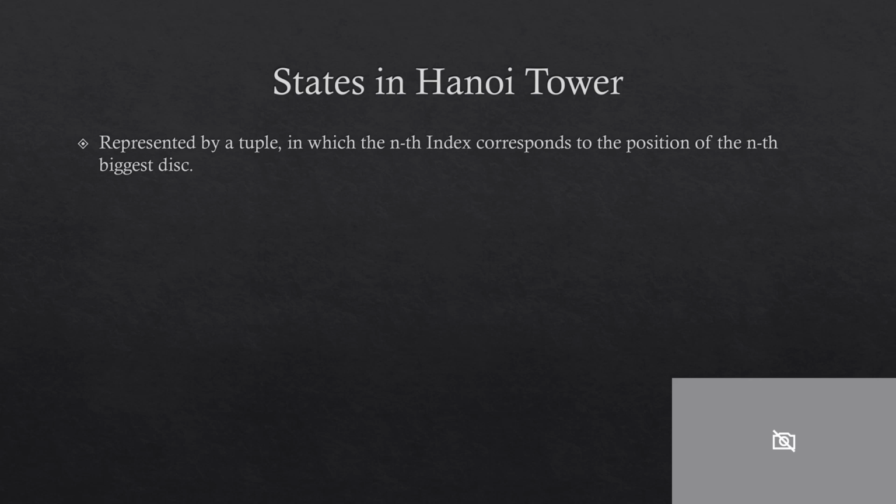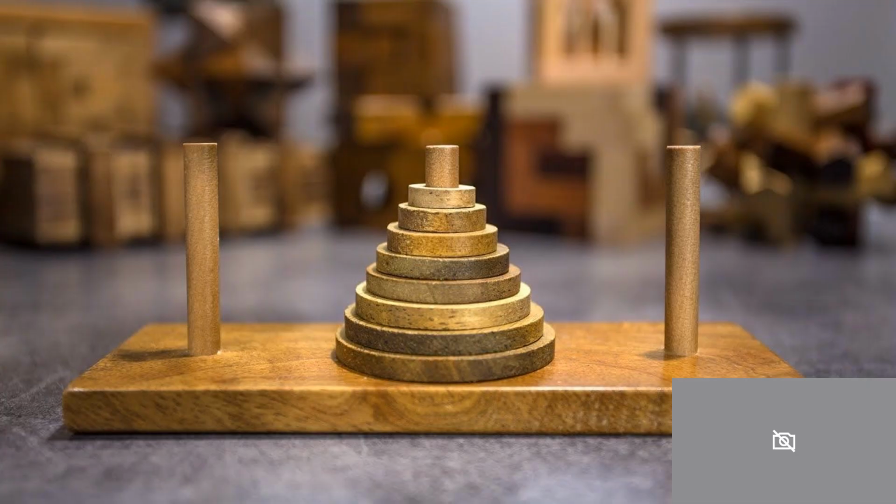It's going to be clearer when we see an example. So here we have the picture again that we have seen before, and we have 1, 2, 3, 4, 5, 6, 7, 8 disks. So it's an eight-tuple, and all of them are on the second stack. So the tuple would be 2, 2, 2, 2, 2, 2, 2, 2.